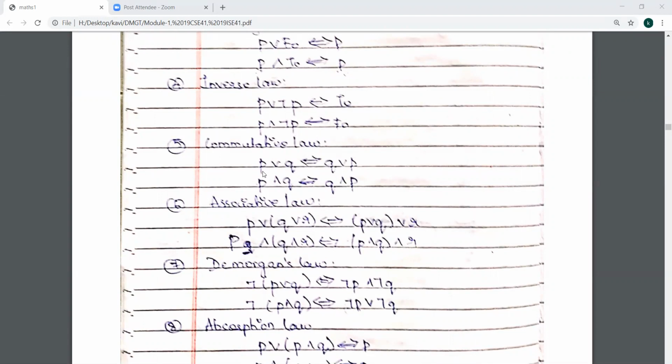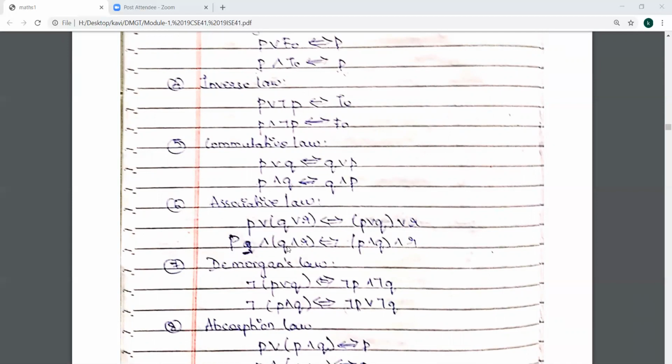Then commutative law: P or Q is Q or P. P and Q is logically equivalent to Q and P. Associative law, here we are using three propositions. P or Q or R is logically equivalent to P or Q or R, grouped differently.